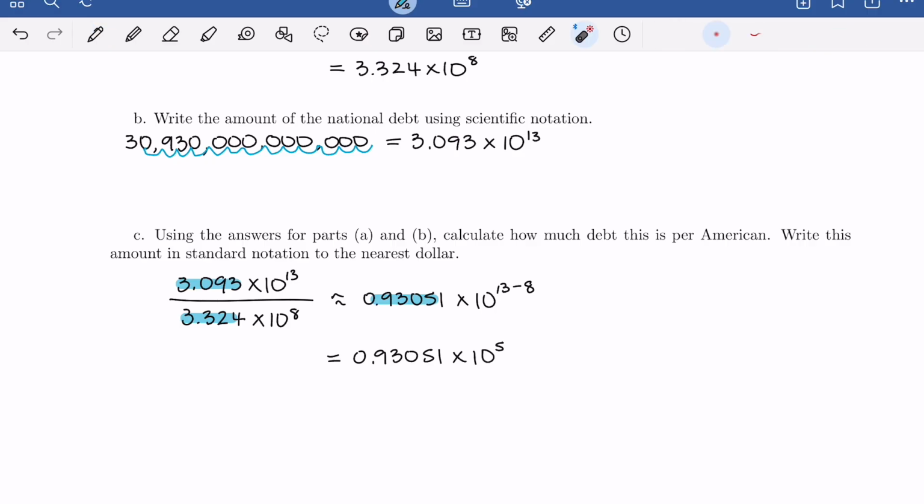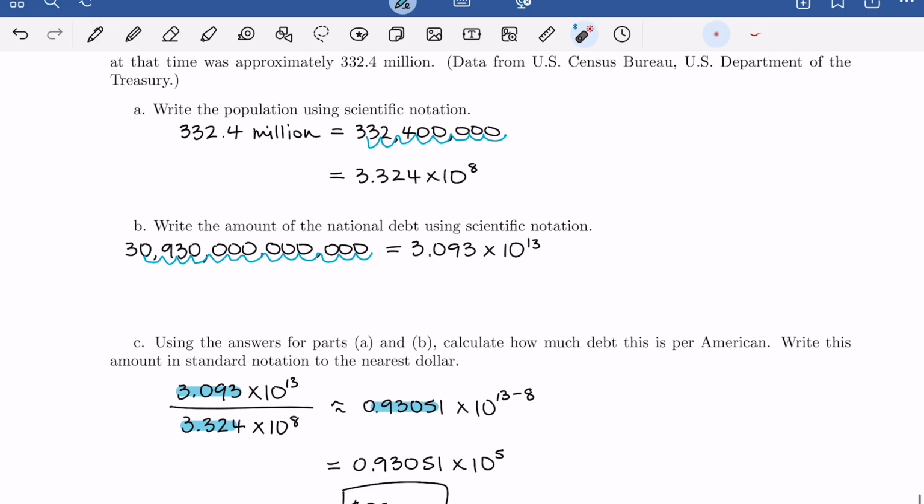And then lastly, we want to write this in standard notation. So we're going to move this decimal 1, 2, 3, 4, 5 units to the right. This is going to give us $93,051 per American. So this is going to be the national debt per American in 2022.